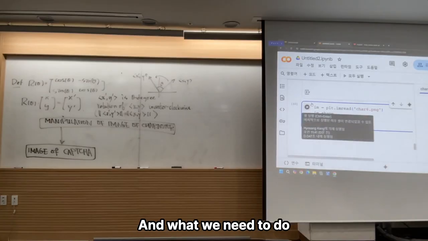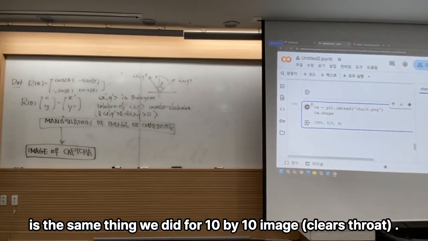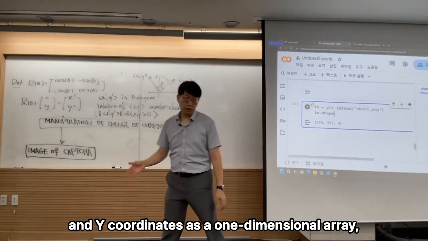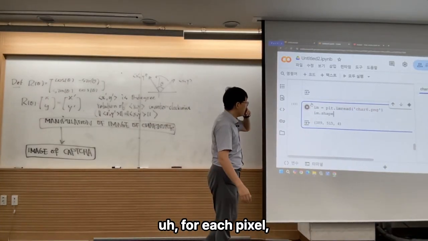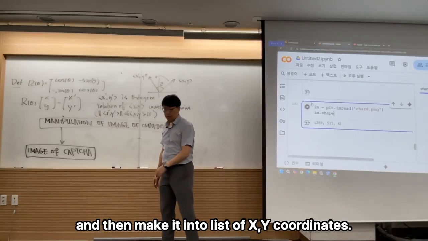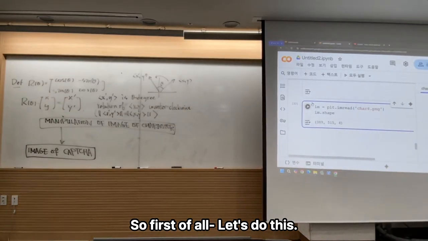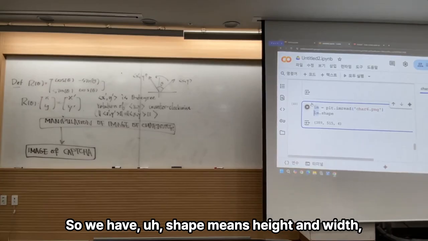What we need to do is the same thing we did for the 10 by 10 image. We want to take the x and y coordinates as a one-dimensional array for each pixel, and then make it into a list of x y coordinates. So first of all, shape means height and width.